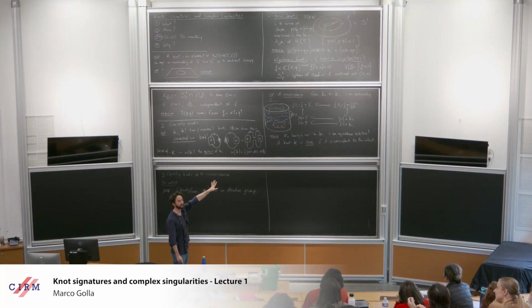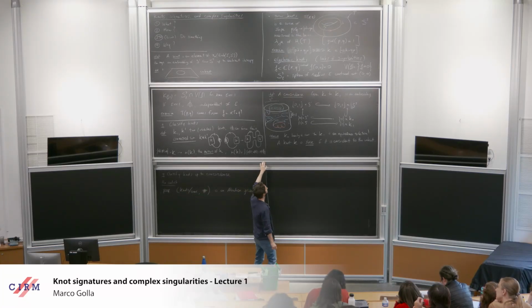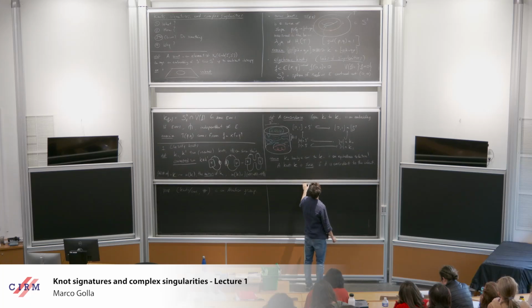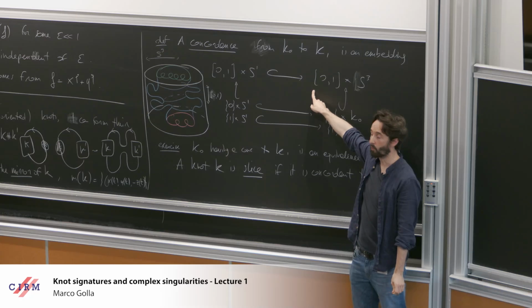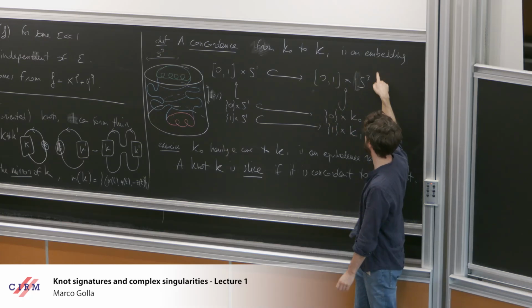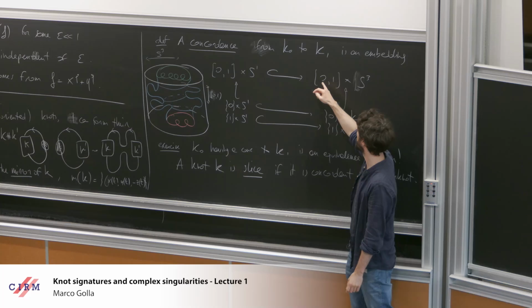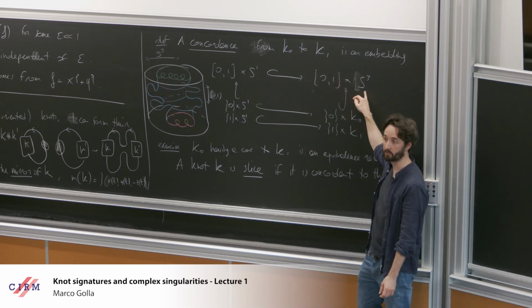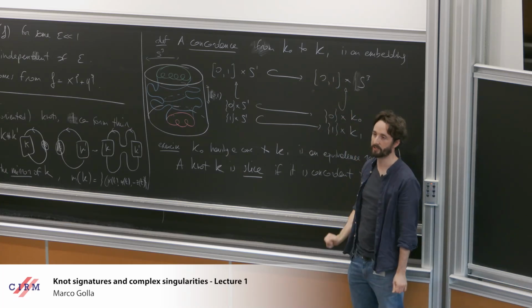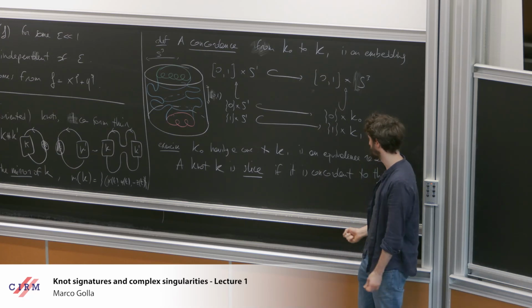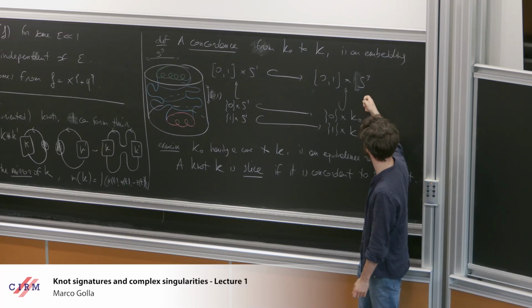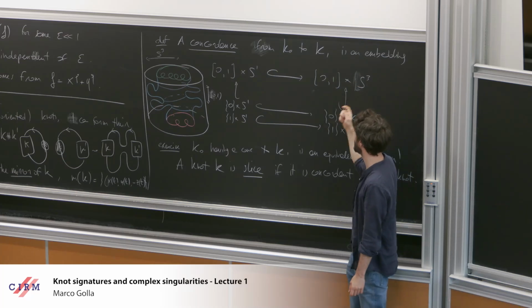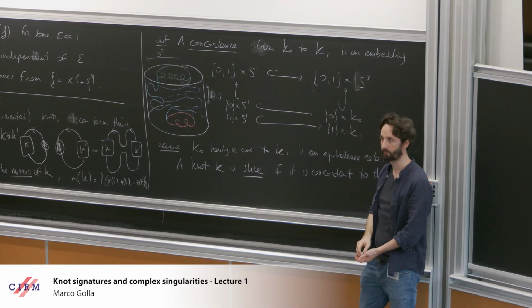There's some orientation issue that I'm not sweeping under the rug: 0 times S3 has two different orientations. One as the oriented boundary of this oriented manifold, and one as 0 times an oriented manifold, so point times an oriented manifold. And these two orientations are not the same. They're opposite to each other. And when I'm thinking of 0 times K0, I'm thinking about this knot as sitting in the 0 times S3, oriented as point times S3.